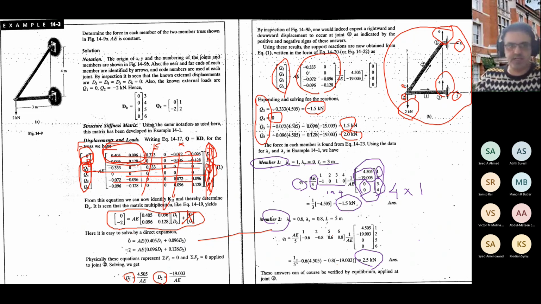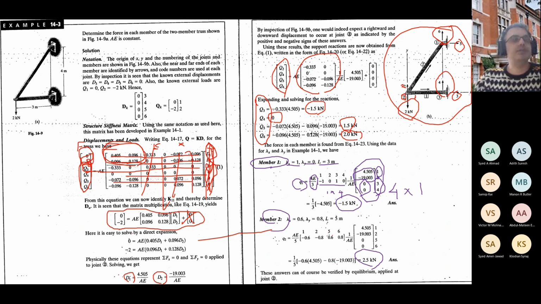So there is nothing really we can further do to solve any other parameters for this structure. We usually always have these interests: to obtain the deformations, internal forces, and support reactions.